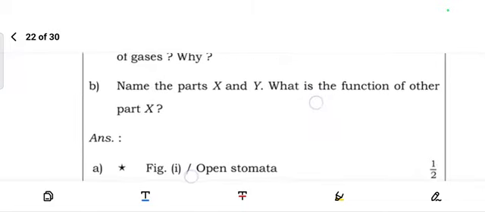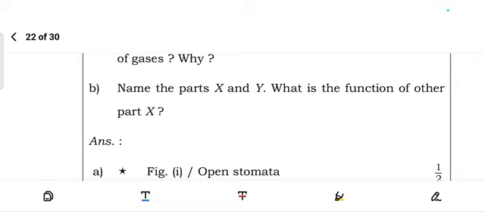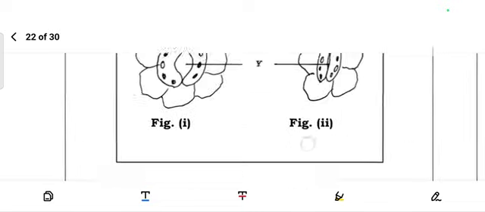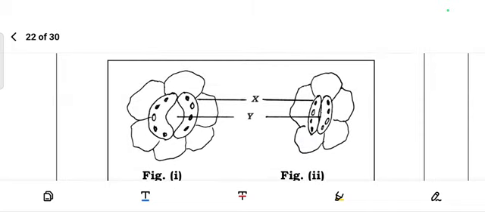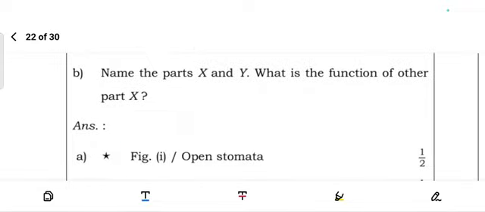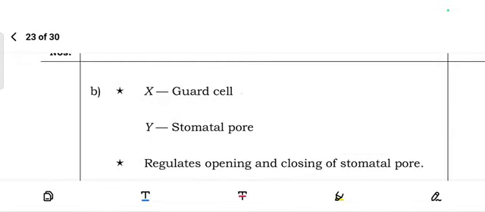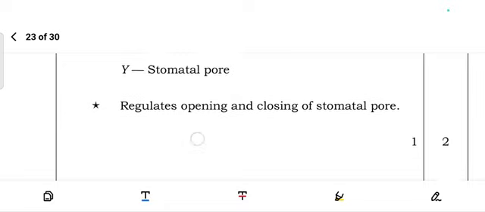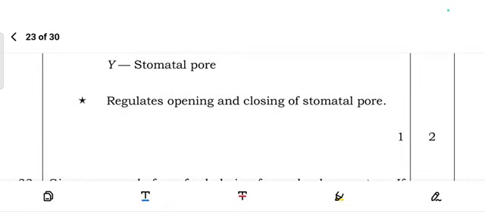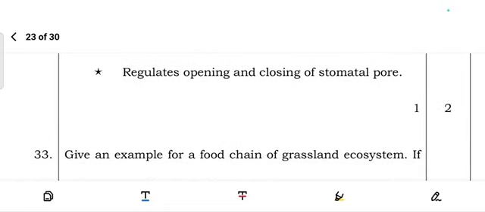Then in the second question, name the parts X and Y. What is the function of part X? So here, what is X and what is Y? X is guard cells, Y is stomatal pore. X's work is that it regulates opening and closing of the stomatal pore.